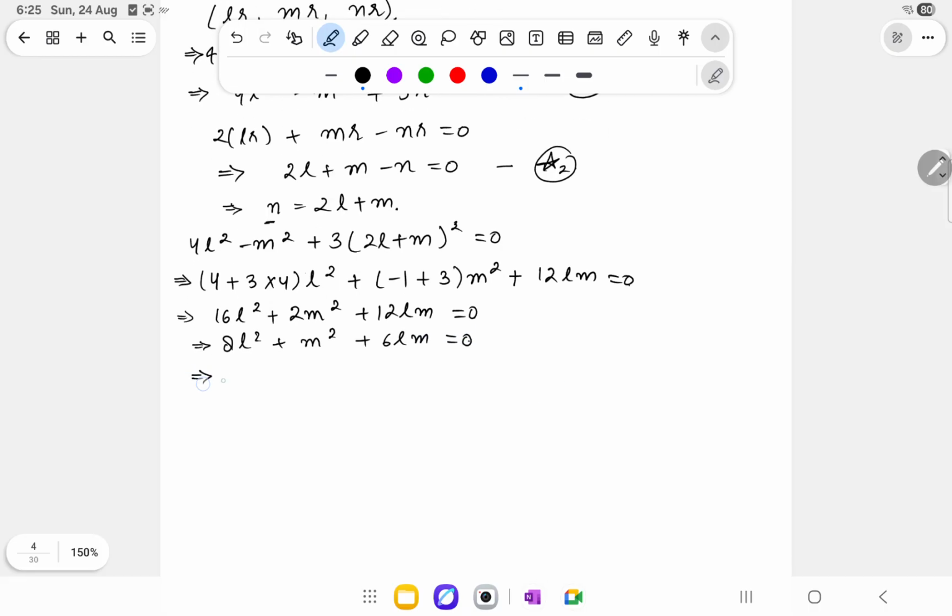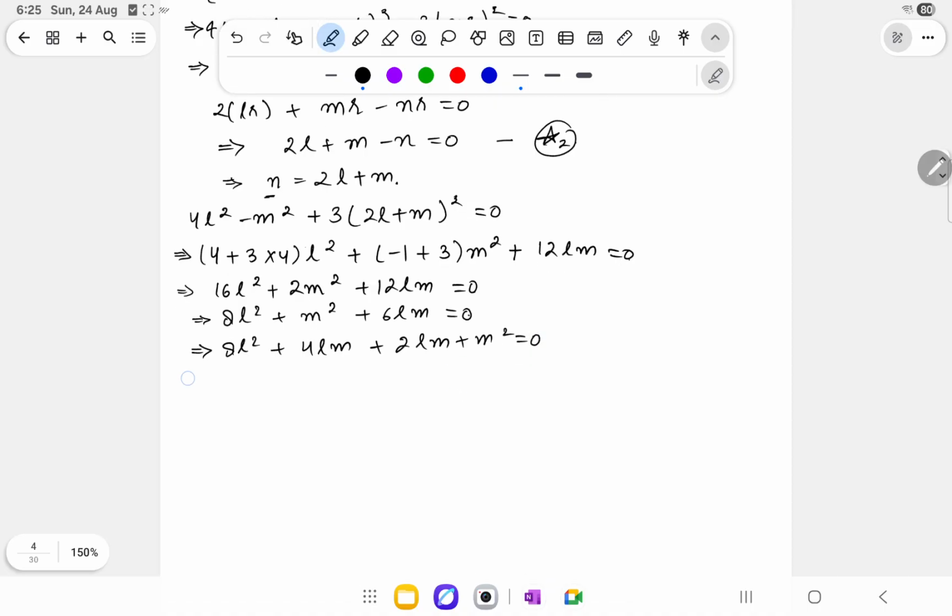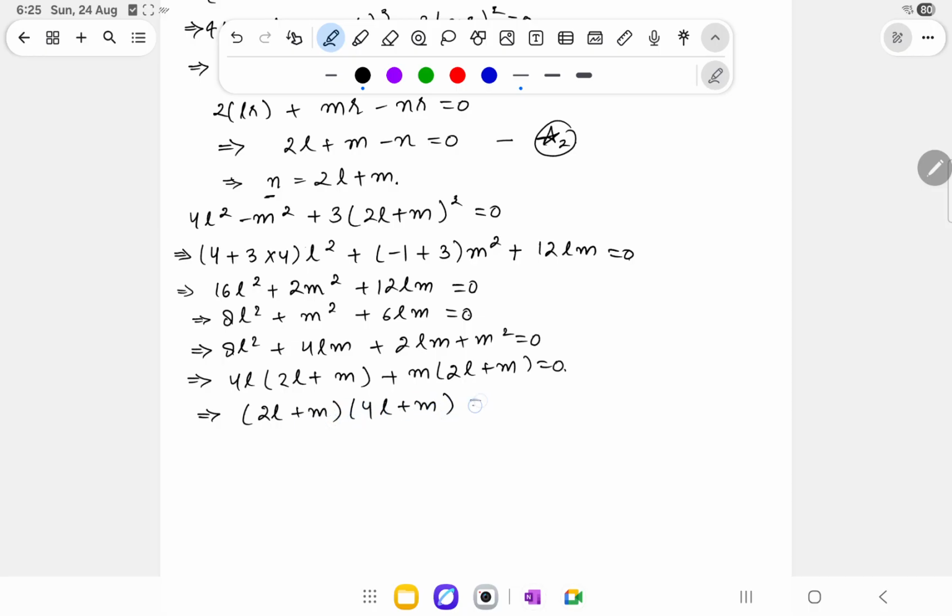I can write it as 8l square plus 4lm plus 2lm plus m square equals to 0. If I take 4l as common, I'll get 2l plus m. Likewise, from the last two terms, if I take m as common, I'll get 2l plus m. So I got (2l plus m) into (4l plus m) equals to 0.